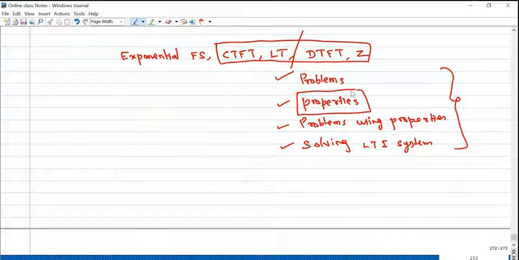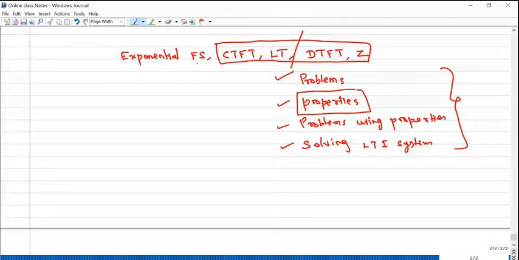So I will give you the material for the proof of all the properties, the handwritten material, and I'll be more focused on what the properties are and how to solve problems using properties only, because of insufficient time. Please remember these properties are very important.